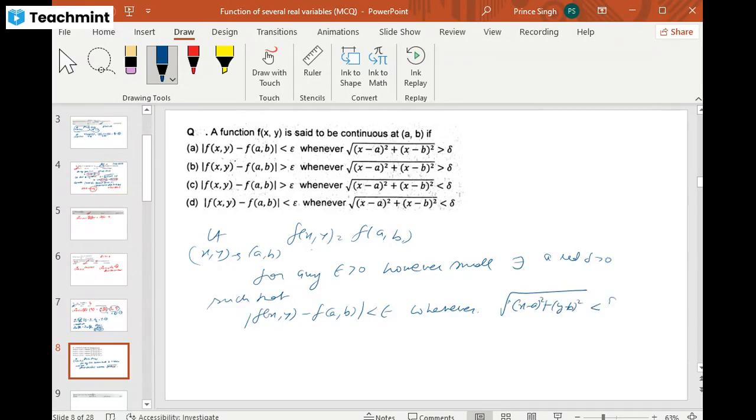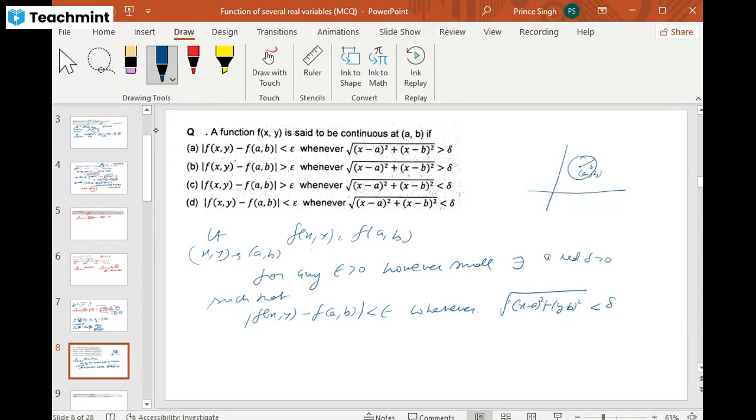Right? We know that the neighborhood of a point is a circle. So if this is a point (a, b) in a plane, then the neighborhood of the point is a circle. So we are choosing the delta neighborhood of a point. If we choose any point in the neighborhood of this point, then the value of the function approaches the value at this point. Means the difference between these two numbers is very small whenever we choose a number very close to this number.